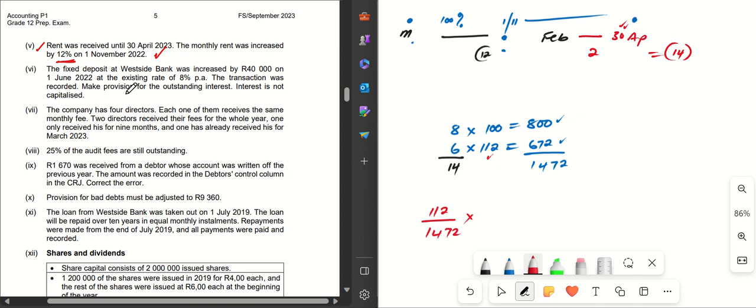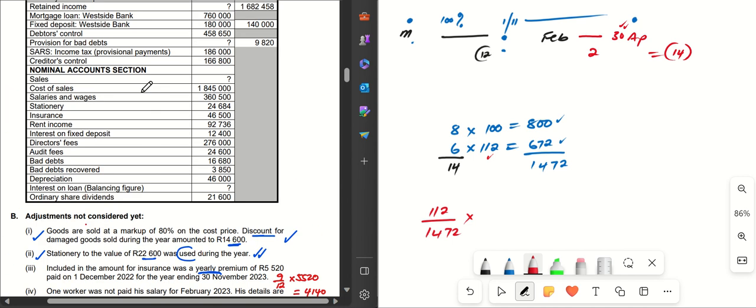Multiply this by the amount that was given in the trial balance, and my rent income, as you can see here, it's 92,736. If I punch that on my calculator, I am going to get an amount that is 7,056. But this is for 1 month.